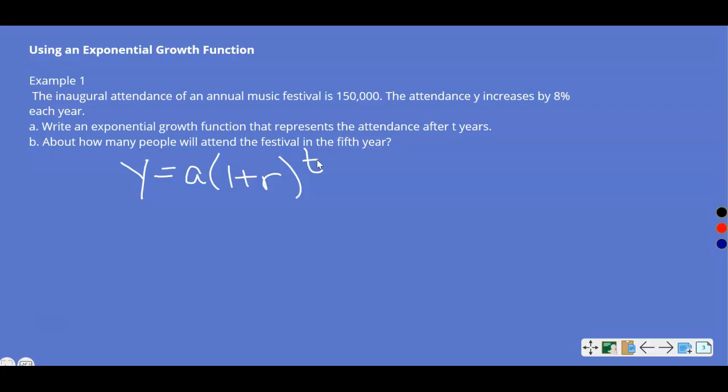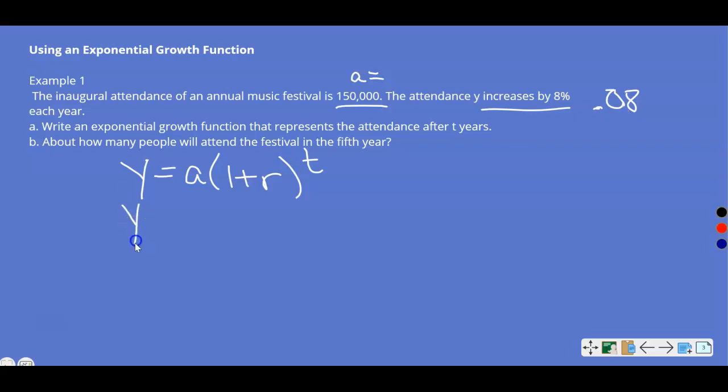So that's going to be our a value. We also know that it's going to increase by 8% each year, and we can write 8% as a decimal: 0.08.